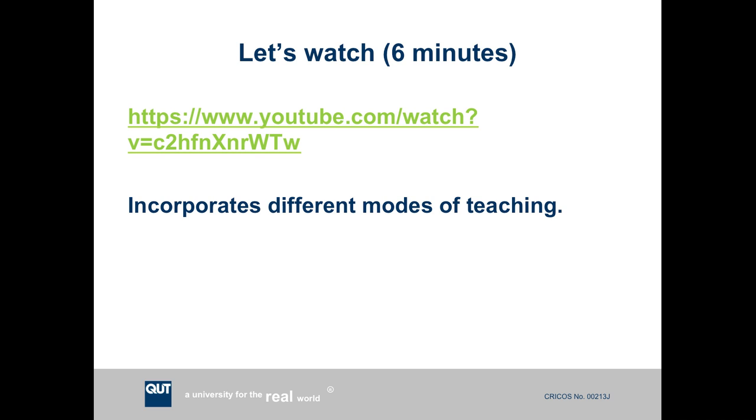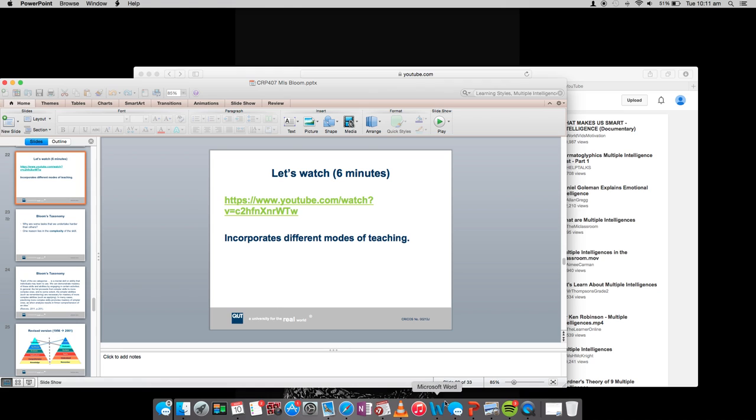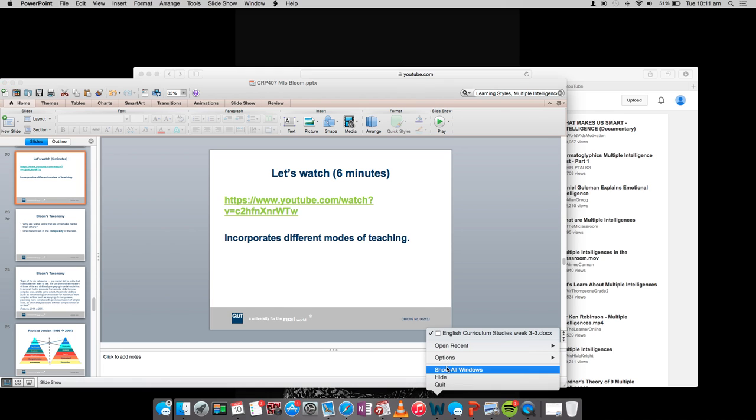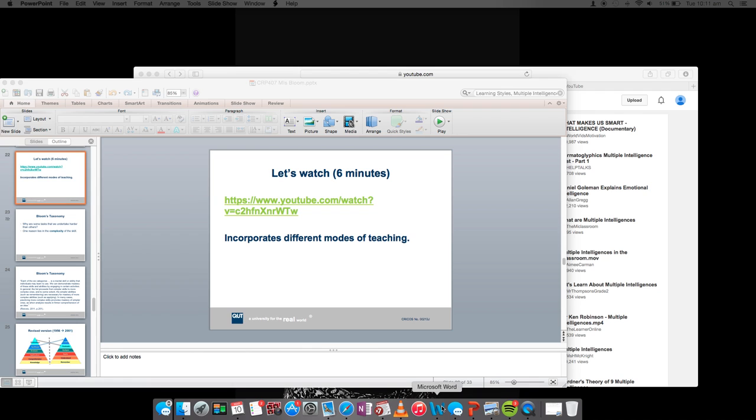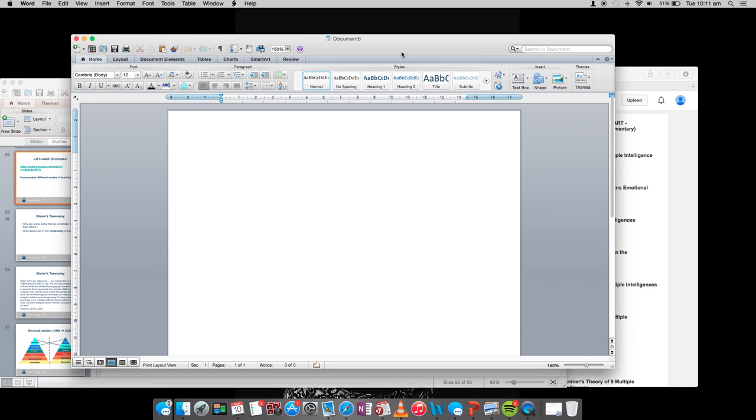So as an example for English specifically, just open up a new document. So let's say, for example, it was a unit of work for Year 10 English, looking at documentaries and looking at how viewers are being positioned to think about the topic of the documentary.